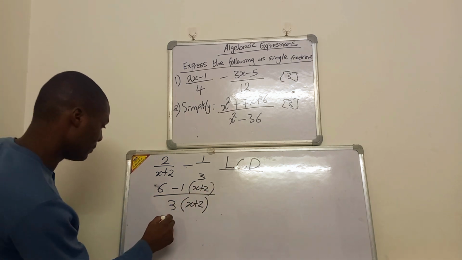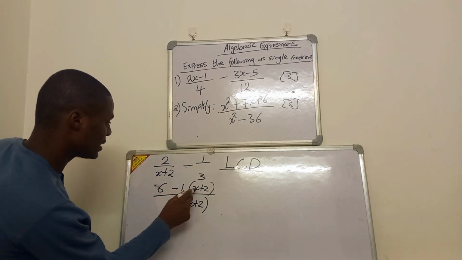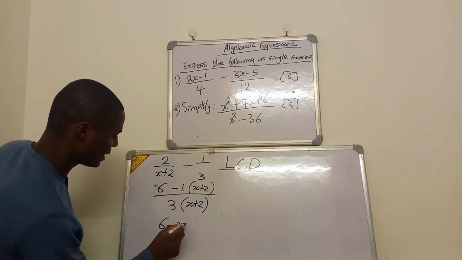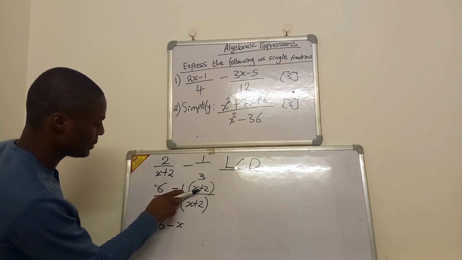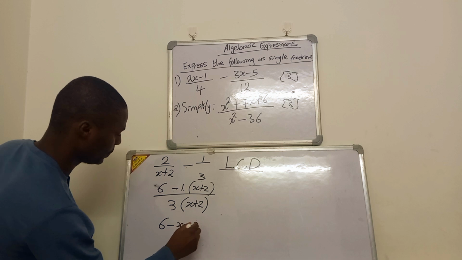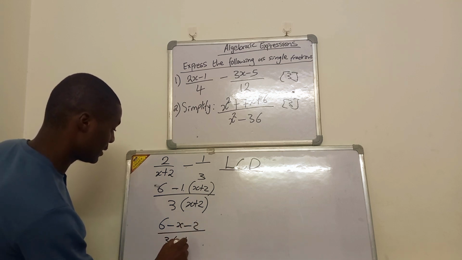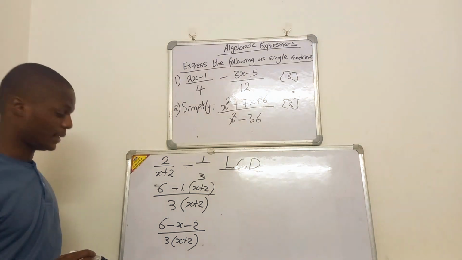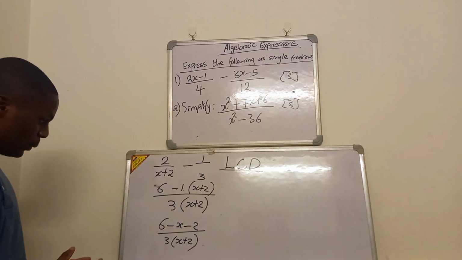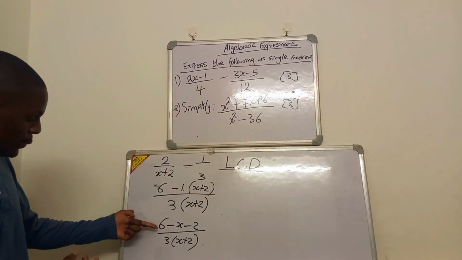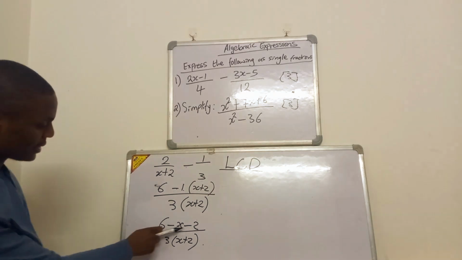Now simplify the bracket. 6 minus 1 times x, minus x, minus 1 times 2, that's a negative 2, over your denominator, which is 3 bracket x plus 2, like this. So now we can group the like terms and simplify. We have 6 and negative 2.